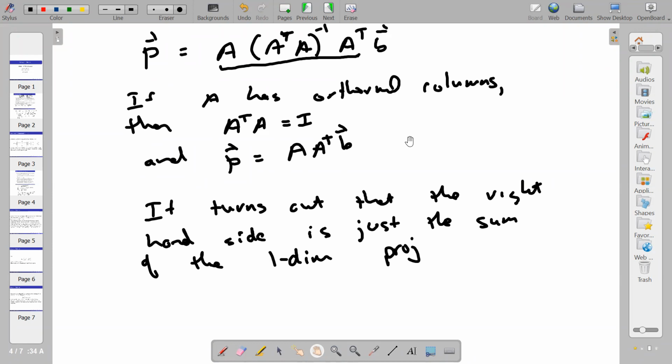It's an exercise to work out why, and I don't want to write it down because it would be tedious. But if you look at the right-hand side, A transpose B winds up being P sub 1, P sub 2, P sub 3, all added together. That's when you have orthonormal columns, not in general.